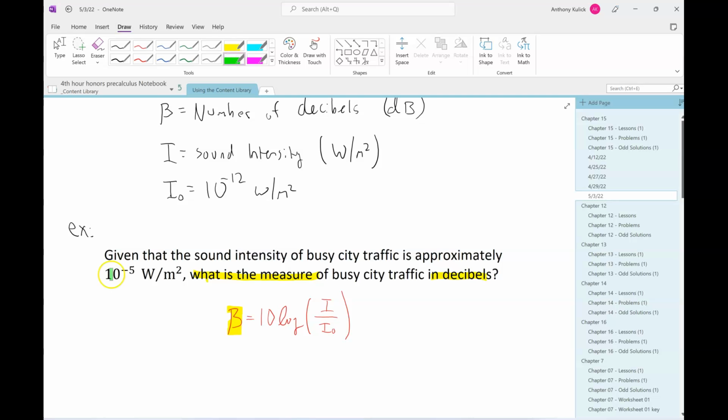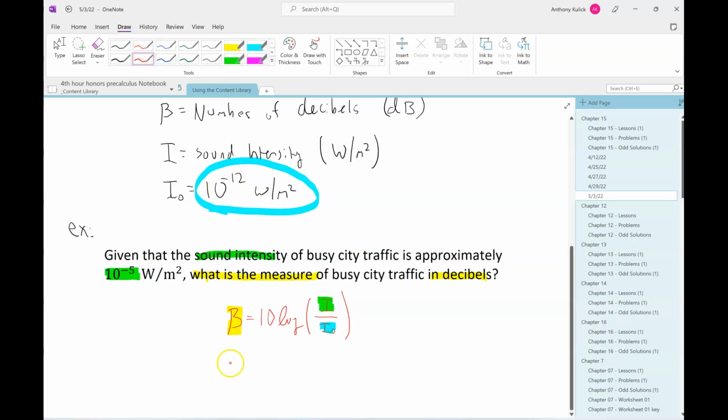Okay, and so we have to fill in this 10 to the negative fifth. What symbol is that going to go in place for? I. Good, that was the sound intensity, so that should be the I. And the I naught is, again, the constant. So we're just plugging stuff in.